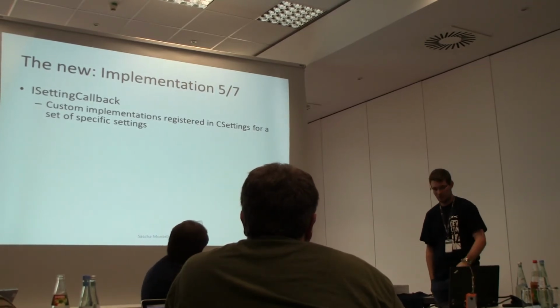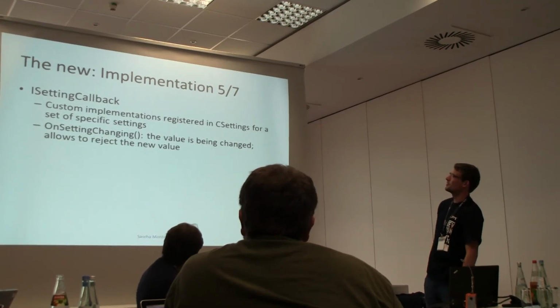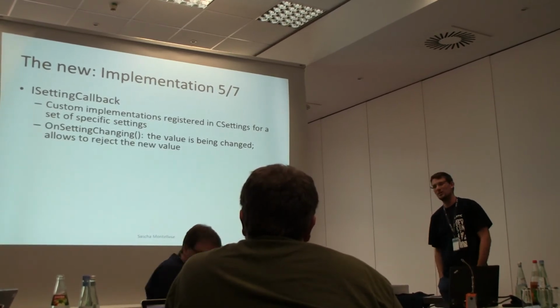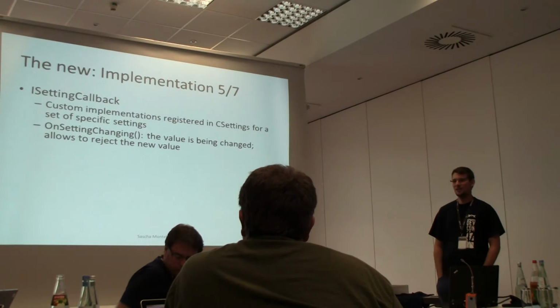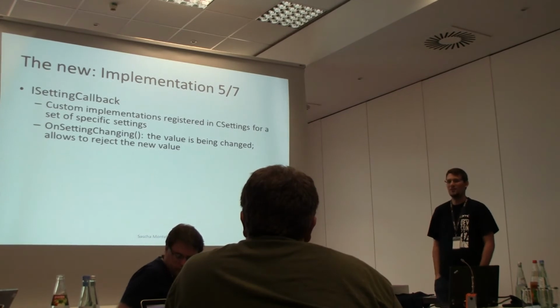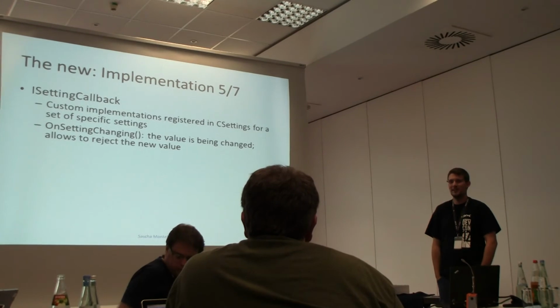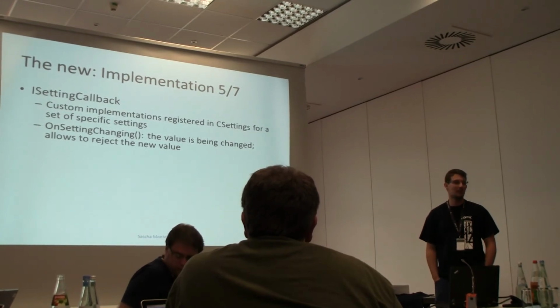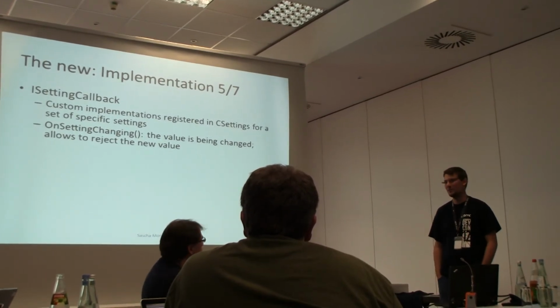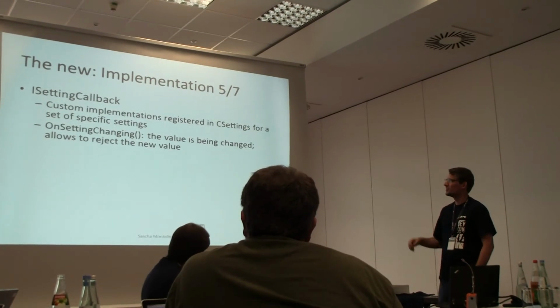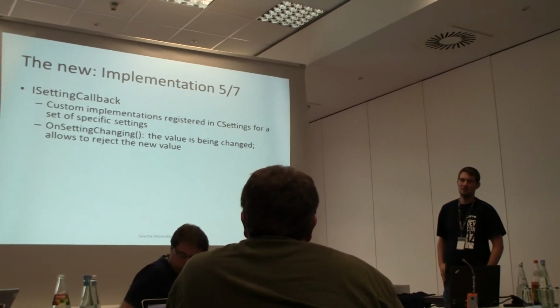And in there you have one of these methods, OnSettingChanging, which is called when a setting is changed, and you still have the possibility to say, no, this is not good. For example, you try to start the web server, but something is broken, you have an invalid port or whatever. So the setting can't be changed to active, it has to be changed back to inactive. So you can try to start a web server, and if it doesn't work, you say no.